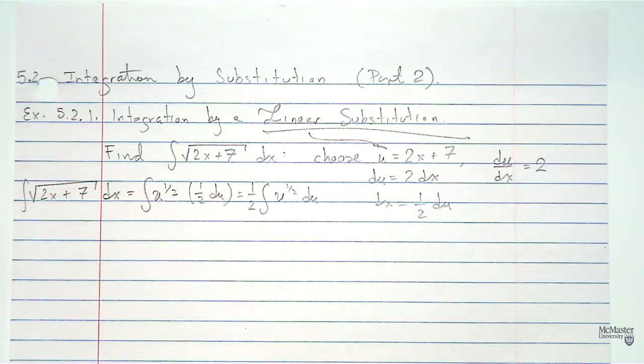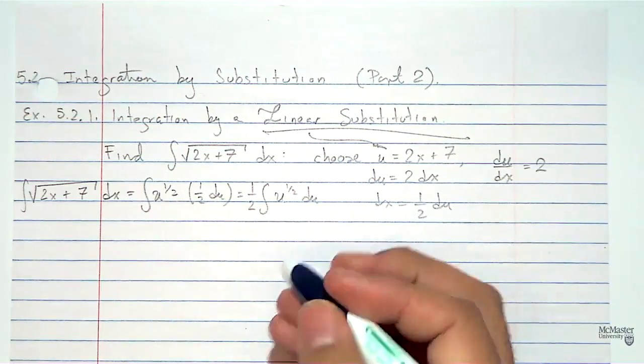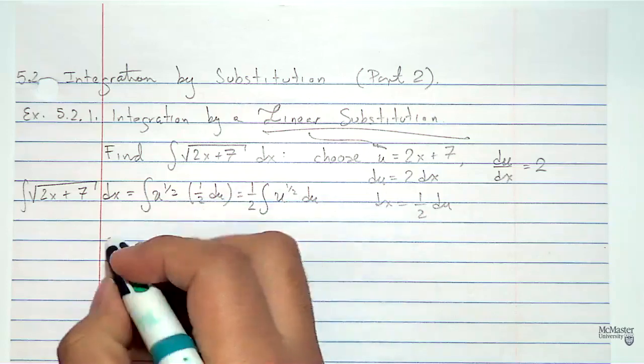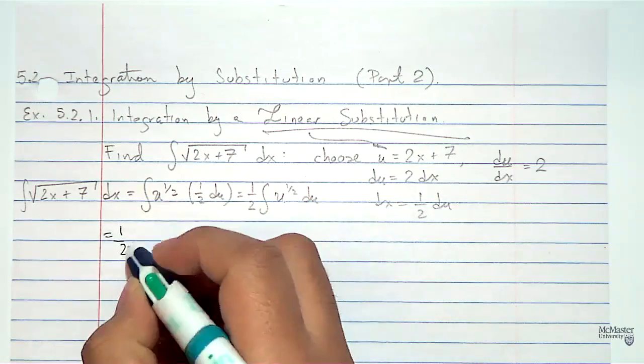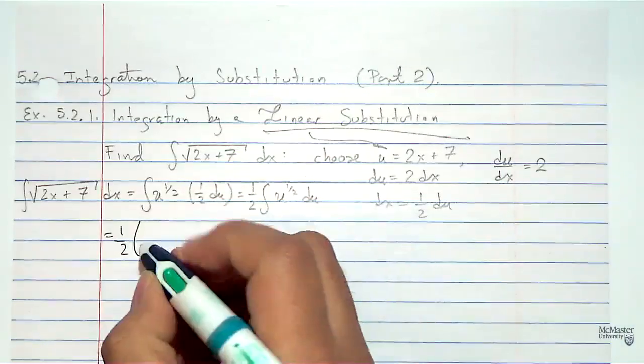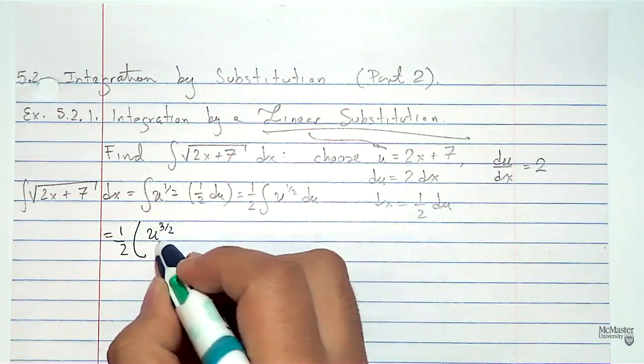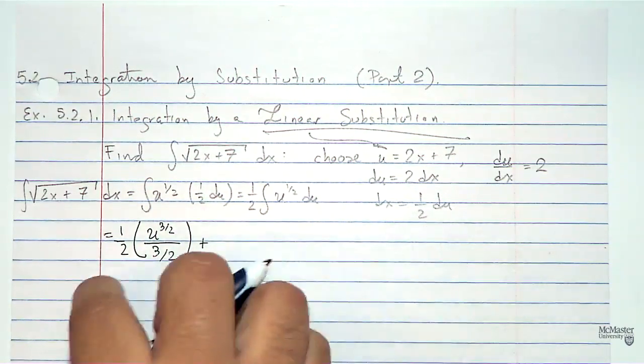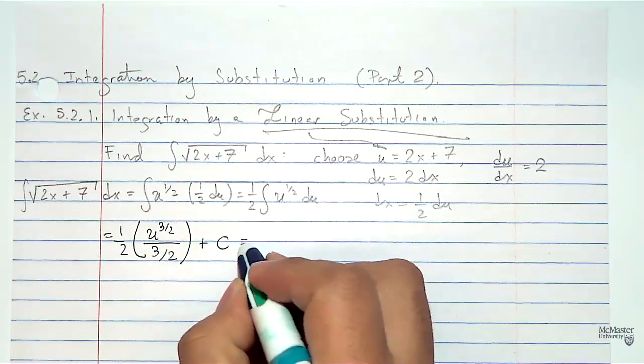So look, we have this, right? If I continue the integration, this is equal to 1/2 times the integral, which is u to the 3/2 divided by 3/2, plus a constant.